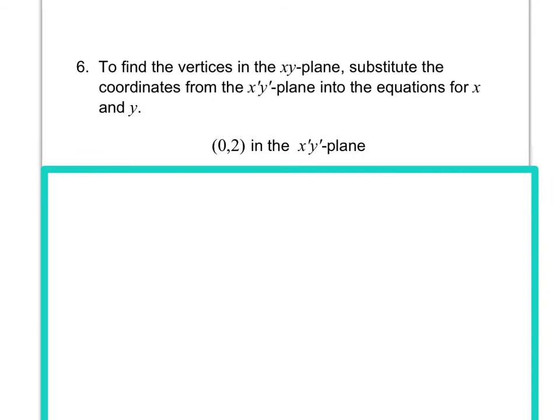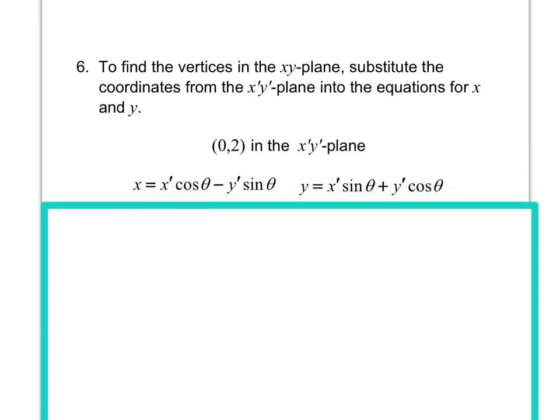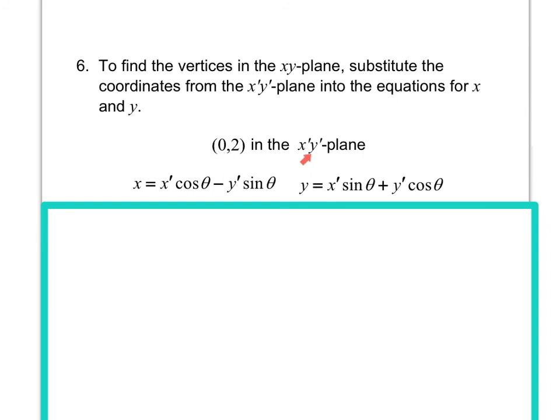If I take the point 0, comma 2, and I want to turn it back into the xy plane, because this is what it is in the rotated plane, what we would do is take those same two formula equations that I started with, and put my point, which is in the x prime y prime plane, in for x prime and y prime all the way through here.